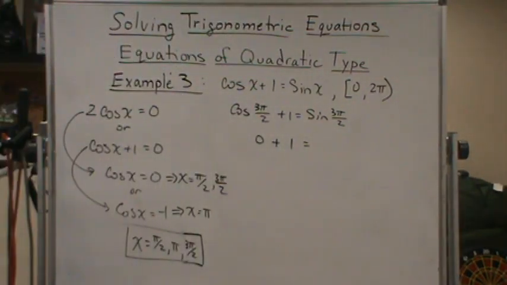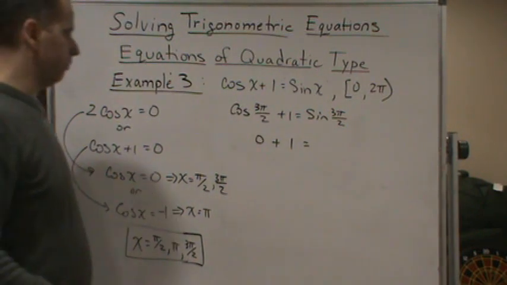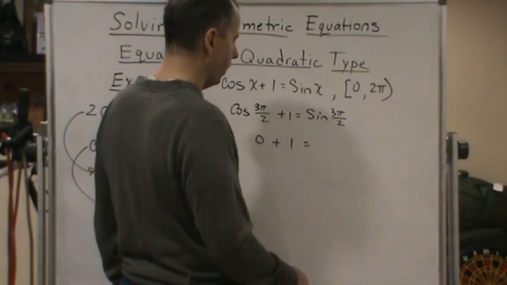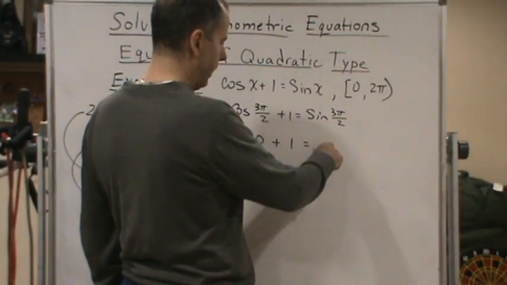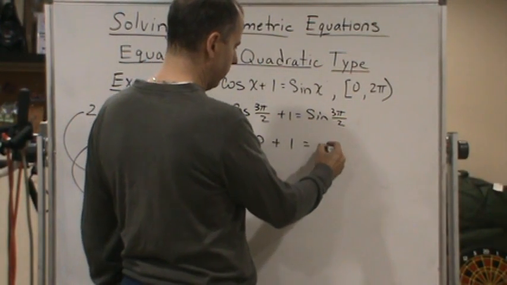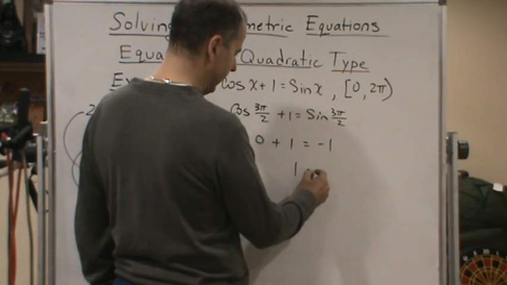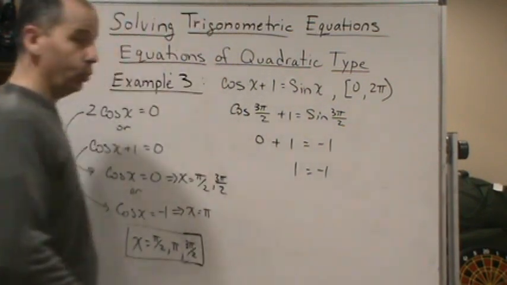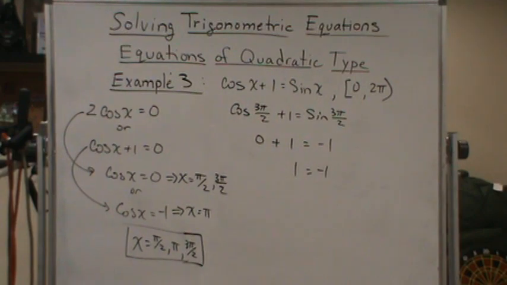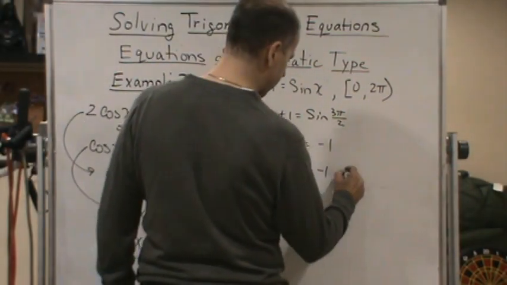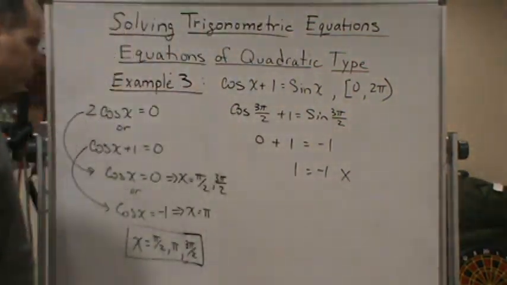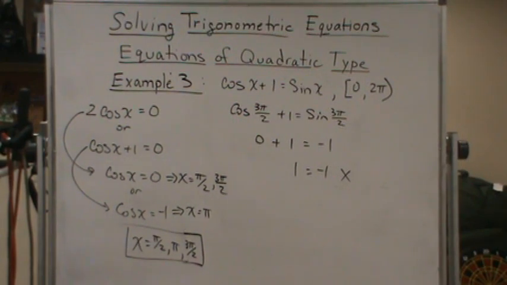And the sine of 3 pi over 2, what's the sine of 3 pi over 2? Well, this is going down, so this is going to be -1. So now we get 1 equals -1. Ooh, I'm glad we checked. Doesn't work.